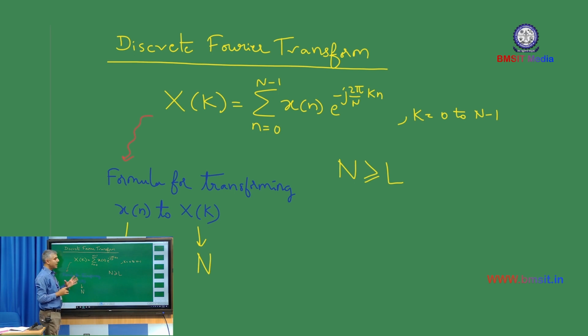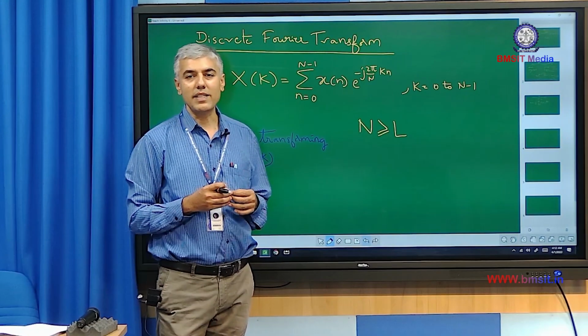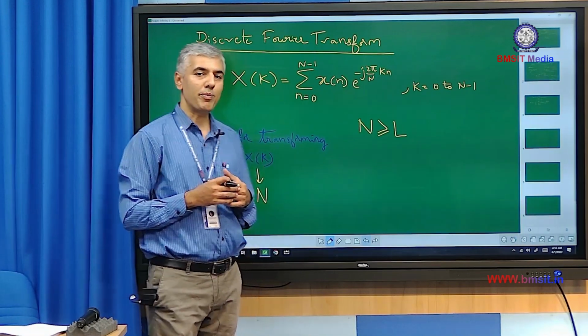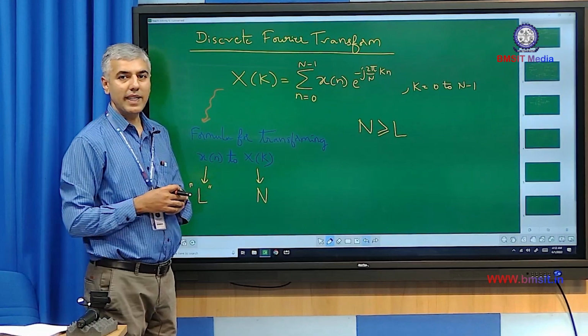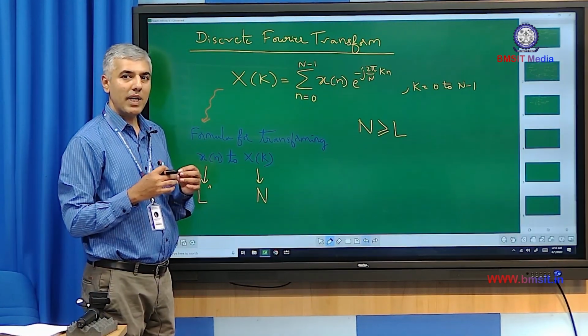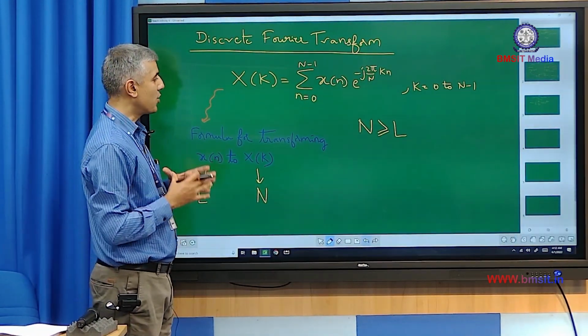Now, the discrete Fourier transform. Let us look at how we can obtain the discrete Fourier transform of a time domain signal x of n. This is the formula for transforming x of n, the time domain signal, into a frequency domain signal. As already mentioned previously, the length of the signal L and capital N are to be judiciously chosen.